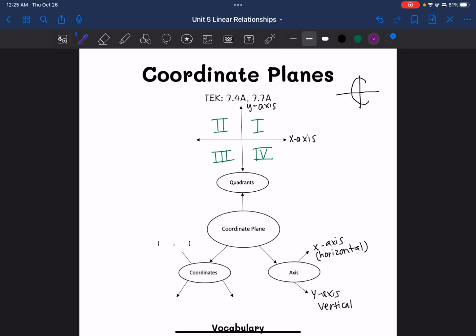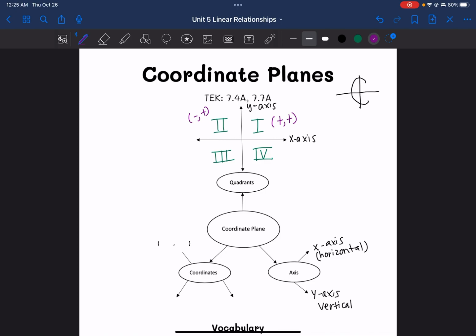Okay. Something that I want us to take note of so that it helps you remember what's happening whenever you are plotting points, because you have to take note of if it's positive or negative, okay? I want us to write that if we are in this section right here in quadrant 1, it is going to be positive, positive. If you're in quadrant 2, it is going to be negative, positive, because you're going to the left, which is negative.